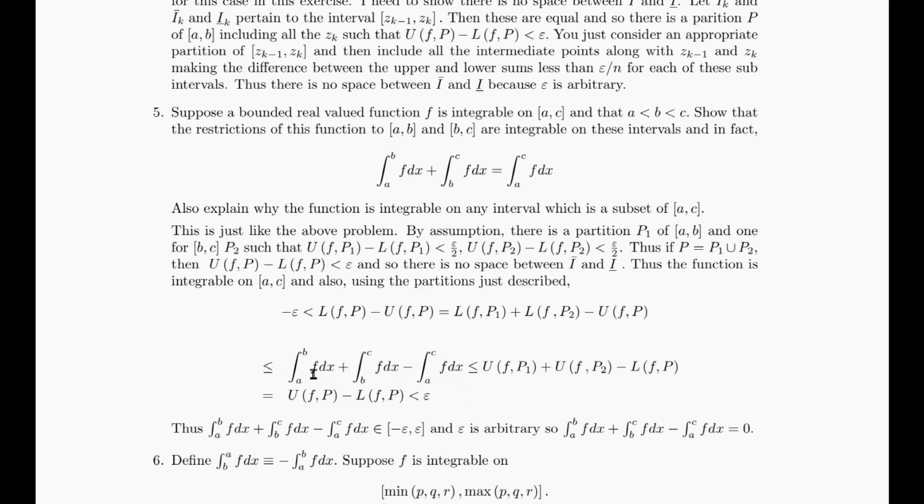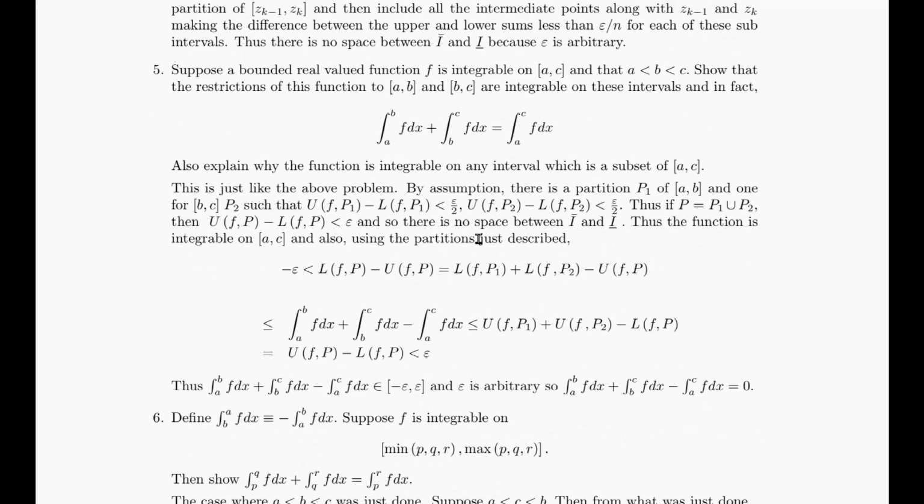So I get this, and that's equal to the difference of these, which I chose to be less than epsilon. So what does that say? That says that this expression here is somewhere between minus epsilon and epsilon, and epsilon was completely arbitrary, so the only thing this expression can be is 0. So that shows you the very important property of integrals, that you can split them up across an interval.